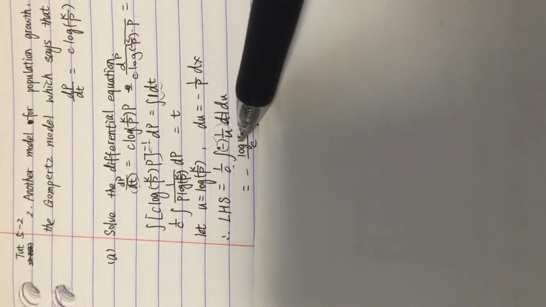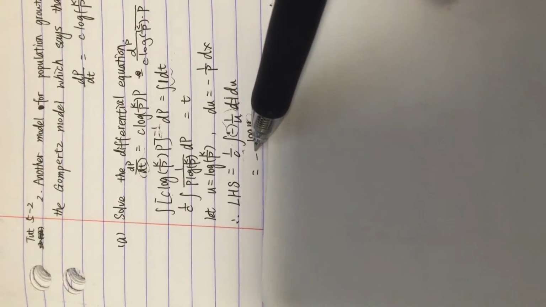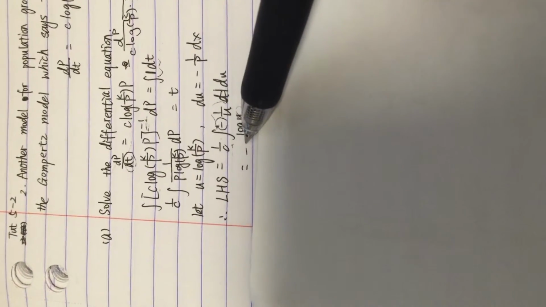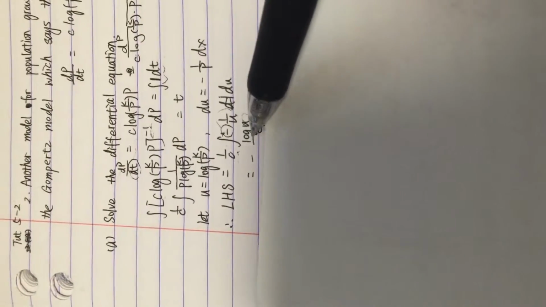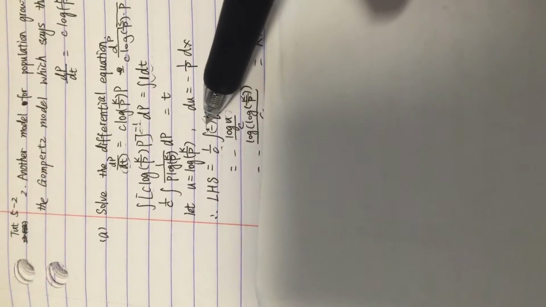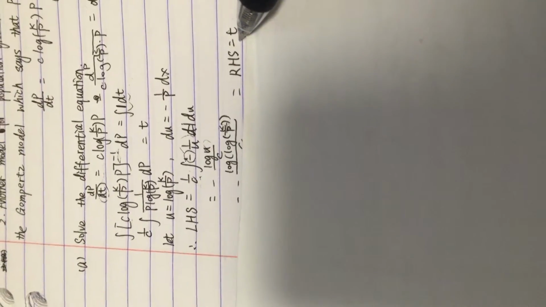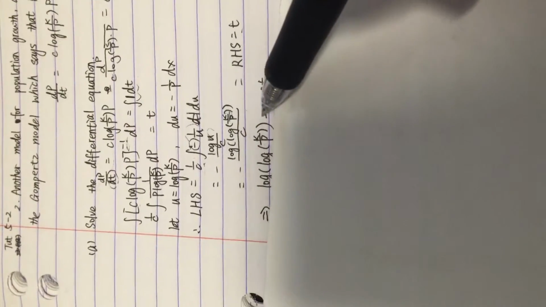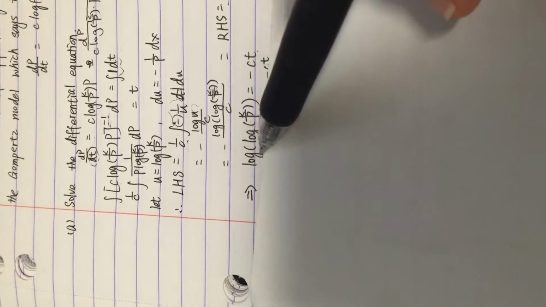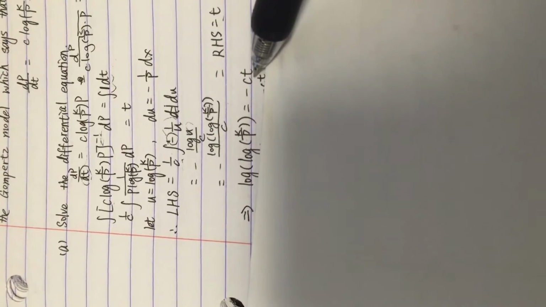Then it becomes log of u, negative, divided by c, and your u equals log of k divided by p, so it becomes this. Your right hand side would be t, so it equals each other. It would be log of log of k divided by p equals minus c times t.